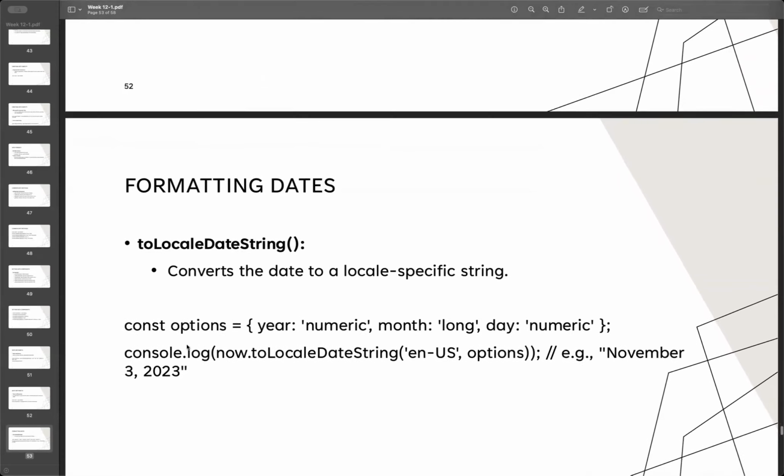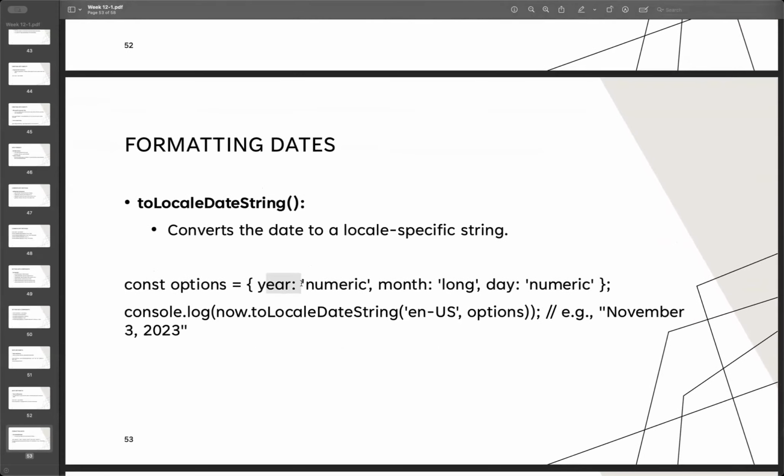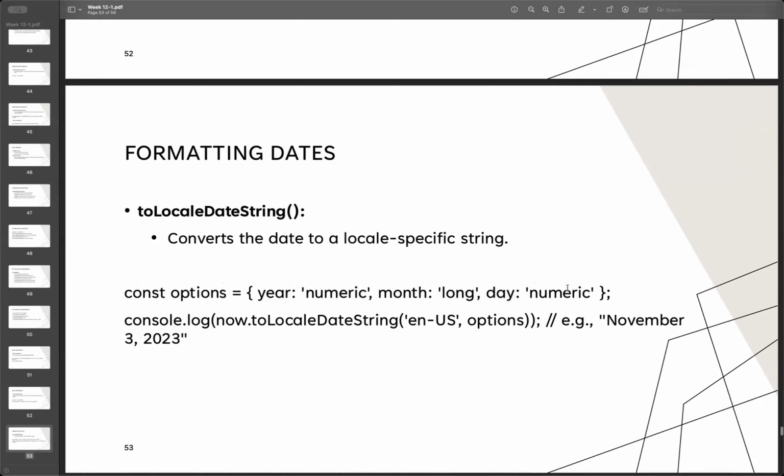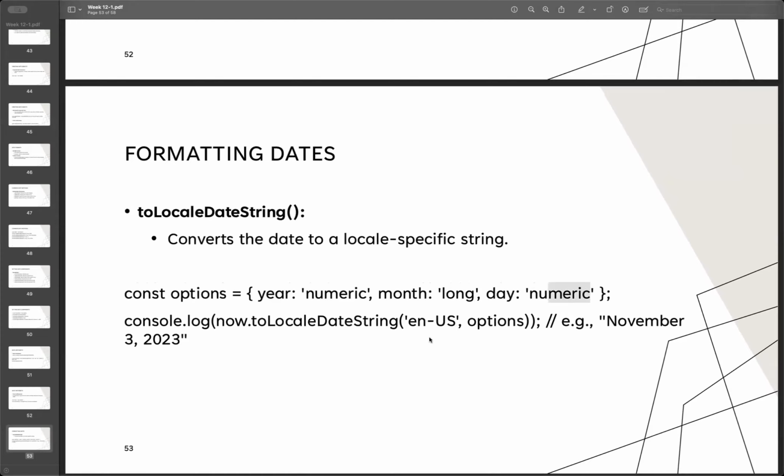Let's say you define the options and pass the year as numeric, the month as long, and the date as numeric, then it will output. So using now, that means the current time, with toLocaleDateString, we pass the US locale and then the options, year, month, and date.